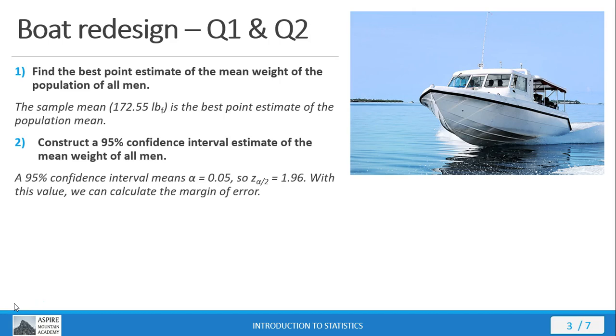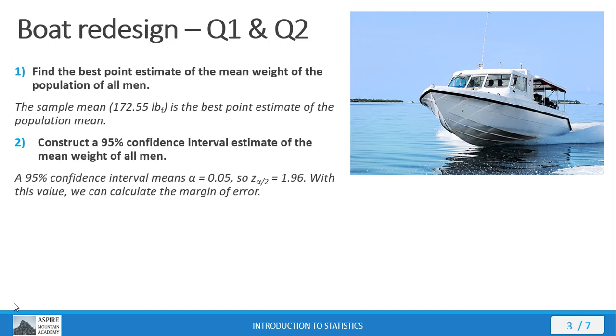Because remember the key question: do you know what the population standard deviation is? Back at the problem statement, it told us what the population standard deviation was. So that means we're going to use a z-score, not a t-score. A 5% significance level, 95% confidence level, means the critical value z-score we want is 1.96.